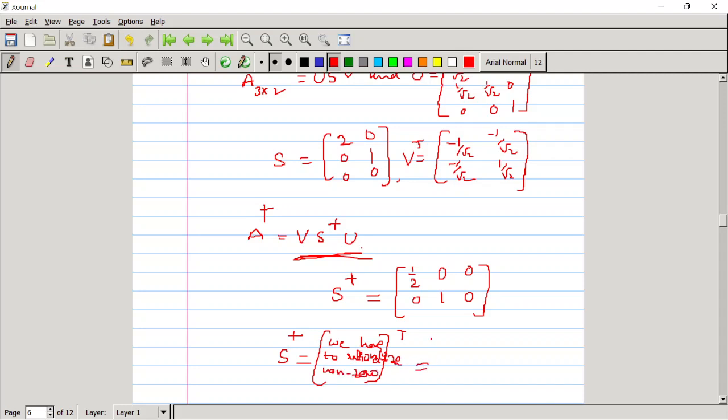That implies what we get is 1 by 2, 0, 0, 1, 0, 0, and then the transpose of this matrix. This is nothing but S plus.